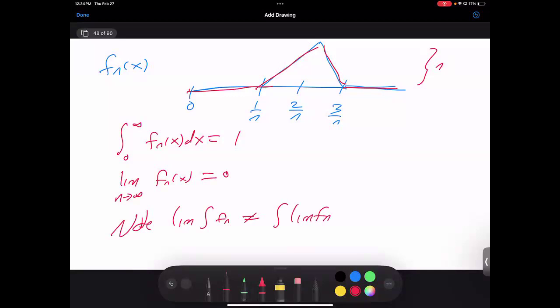This is one of the fastest examples I can give, because we only had 2 minutes, of why you have to be careful in interchanging operations. The problem is the function is getting larger and larger as I look at the sequence Fn. It's not uniformly bounded. So as a general rule, whenever you see an infinity, you need to be concerned about what's going on.